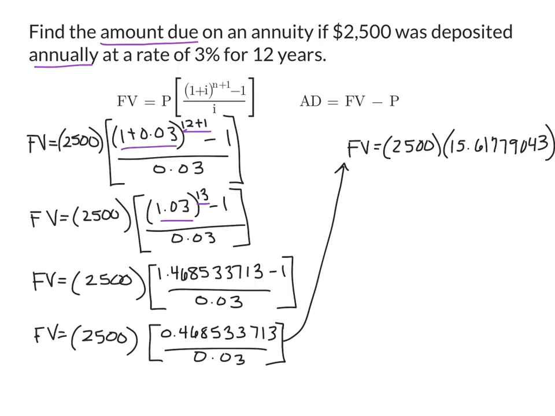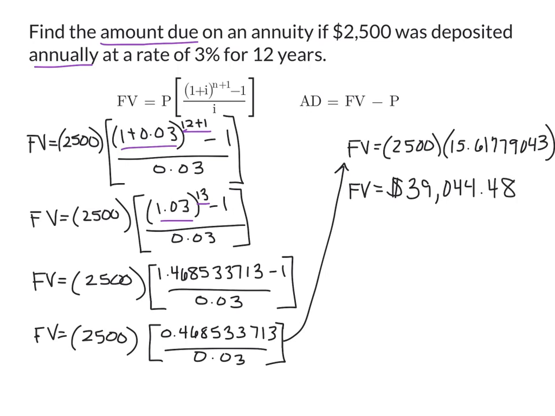So you should still get the same final answer when we multiply by 2,500 and round to 2 decimal places. So when I do that, I get a future value of $39,044.48.